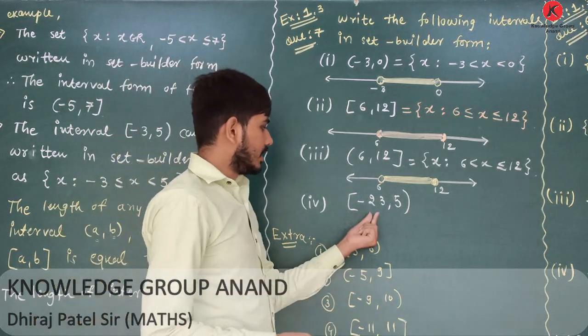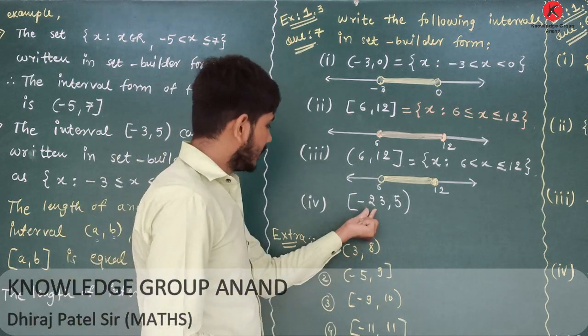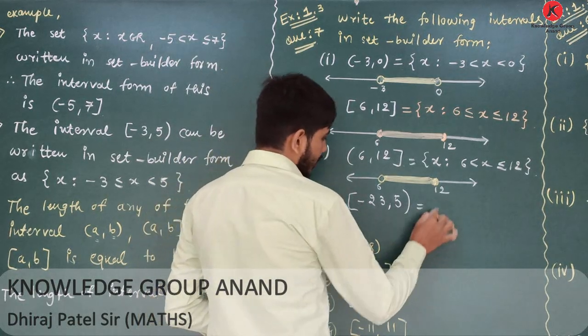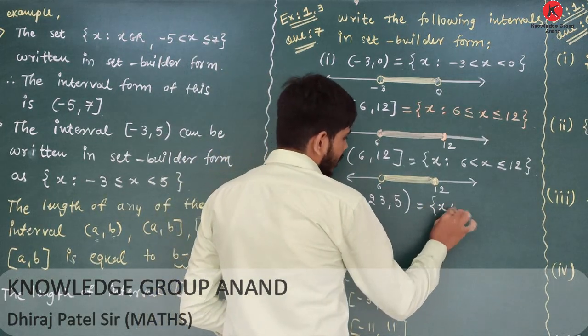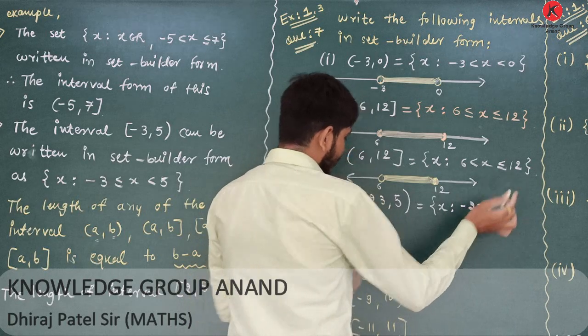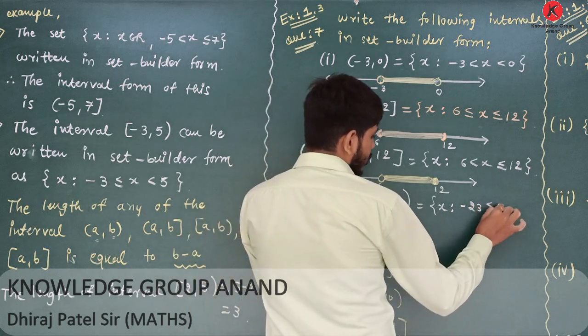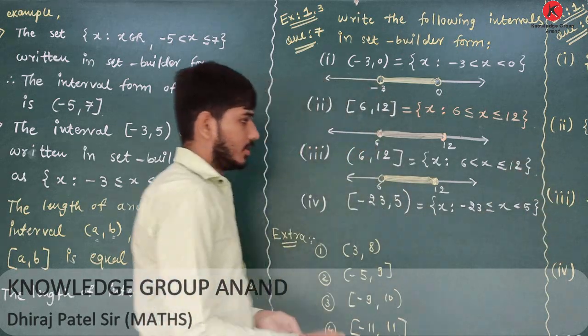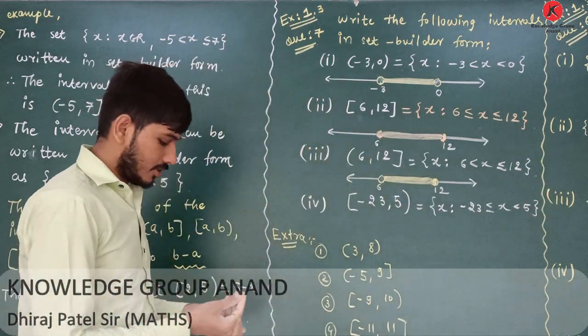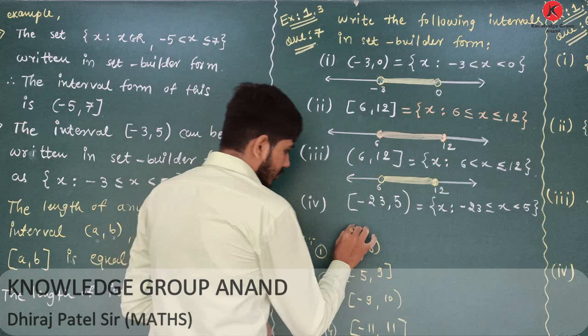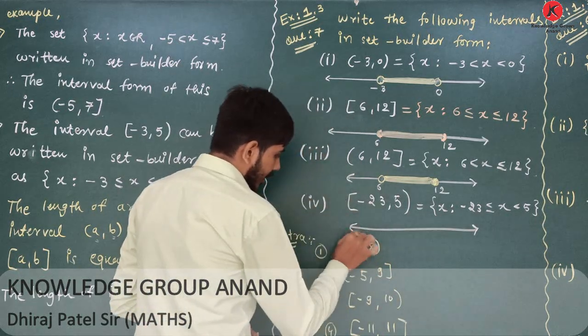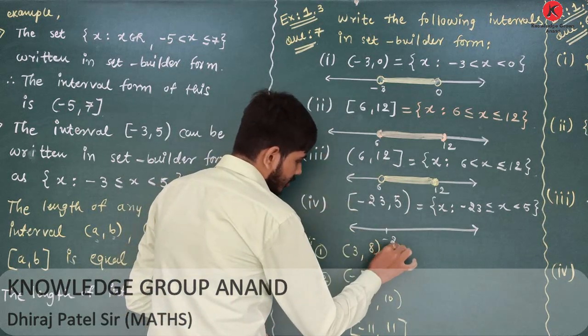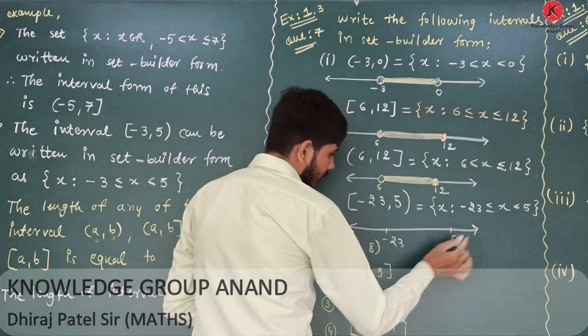Next one, minus 23 to 5. Here you have to include minus 23. Therefore, x such that -23 ≤ x < 5. On the number line, we can represent it: minus 23 is here and 5 is here.